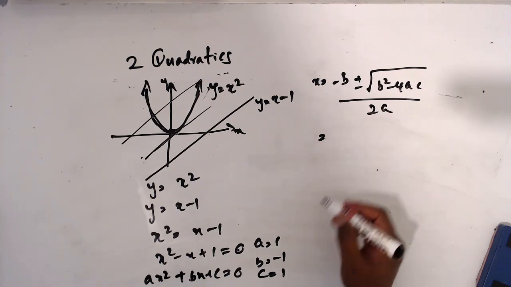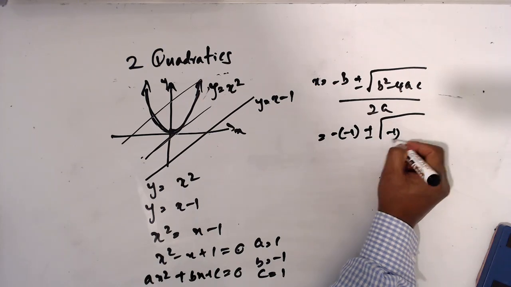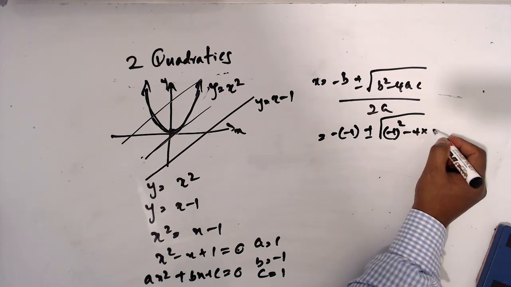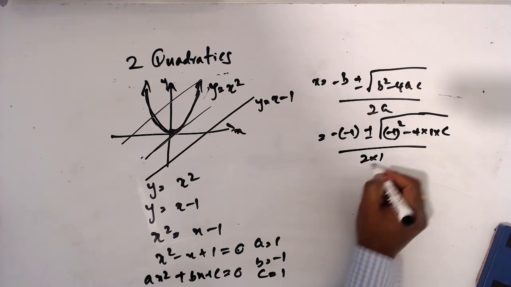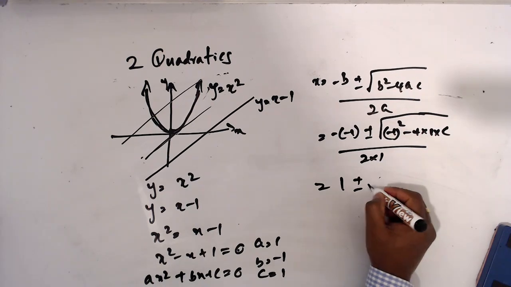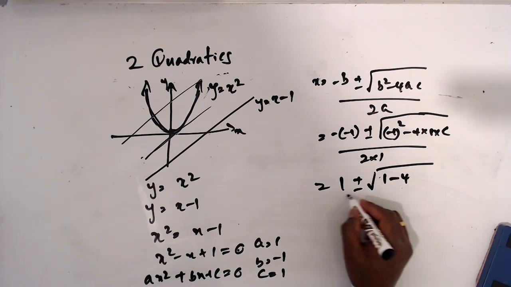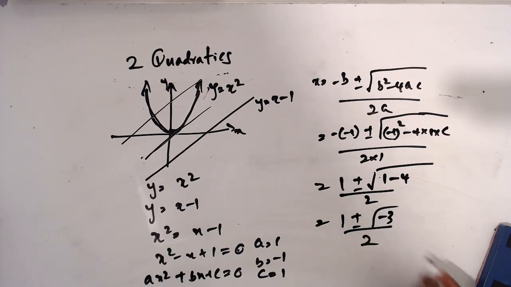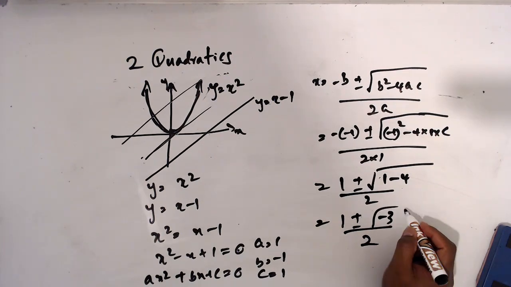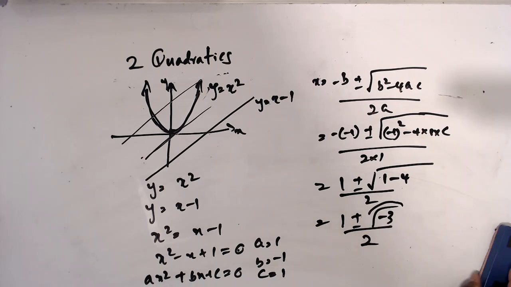So x equals minus minus 1 plus or minus the square root of minus 1 squared minus 4 times 1 times 1, over 2 times 1. So this becomes 1 plus or minus the square root of 1 minus 4, over 2. 1 plus or minus the square root of minus 3. Now can you find it? Now we are stuck. Can you see that we have the square root of minus 3?